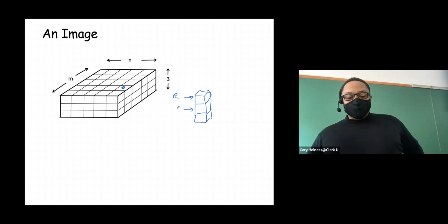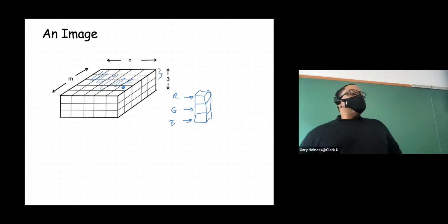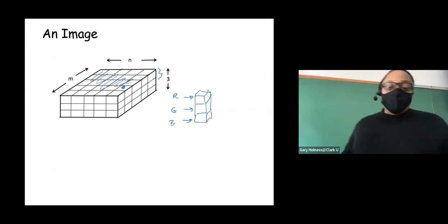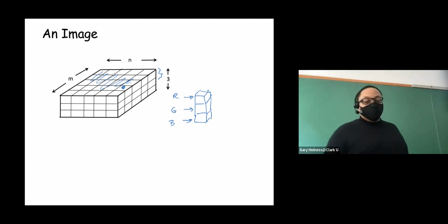The second slice represents your green component, and the third slice represents your blue component. So if we have this m by n first slice, each one of the values in position ij in that coordinate frame is going to be the red representation of this image. It's the redness, if you will. Likewise, the next slice, or color channel, or color plane, is going to represent the green component, and the last one, the bottom one, is going to be the blue.